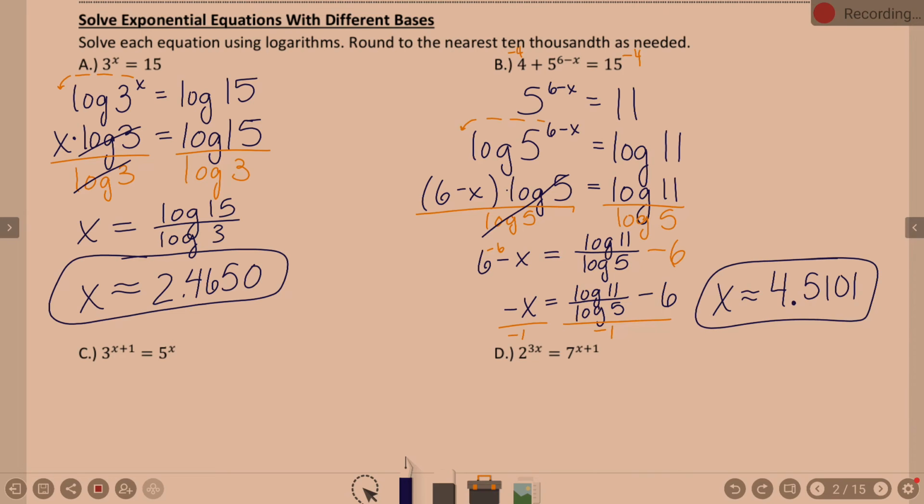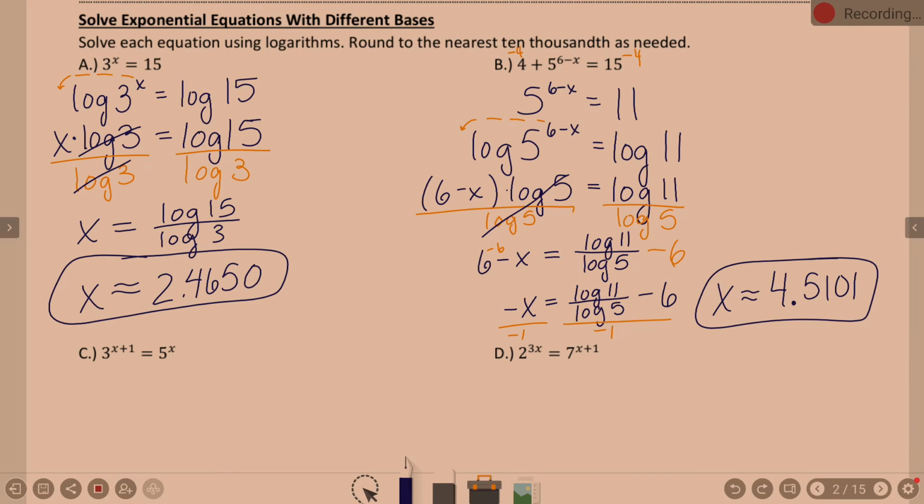Okay, ready to try C? Three to the x plus 1 equals 5 to the x. What are your thoughts on where to start on part C? Okay, take the log of both sides. Can I get 3 and 5 to have the same base?